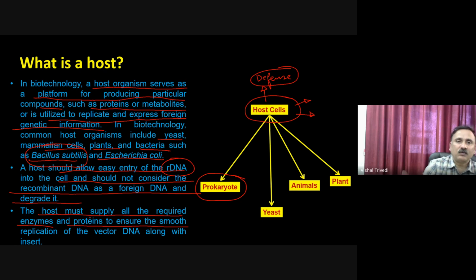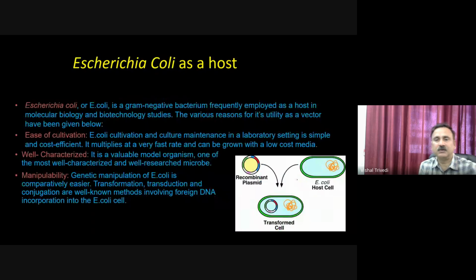Now, talking about who can be hosts, we have taken examples of the prokaryotic system, the yeast, the animals, as well as the plants. Talking about the simple system, you can use E. coli as the host, right? E. coli is a gram-negative bacterium, and it is very, very common and popular in molecular biology and biotechnology studies.